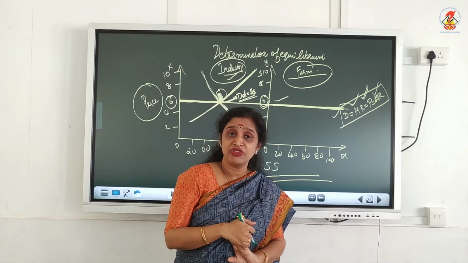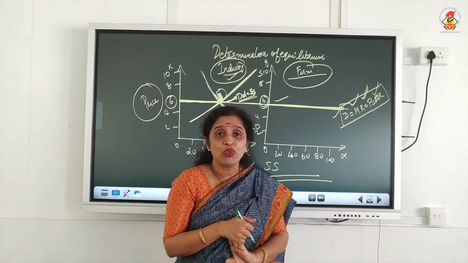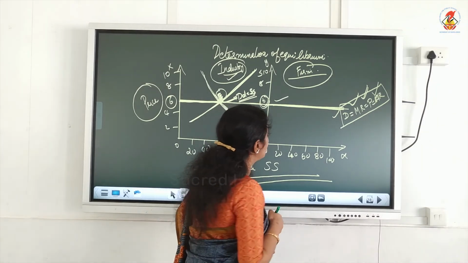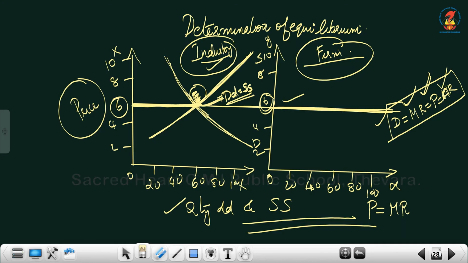The average revenue, price and marginal revenue, everything will be equal in a demand curve. So once again I am telling, in a perfect competition, price will be equal to marginal revenue will be equal to average revenue. Why? What is the reason behind that? Because the firms are the price takers.